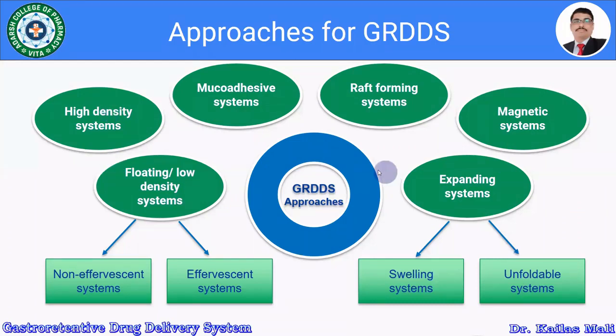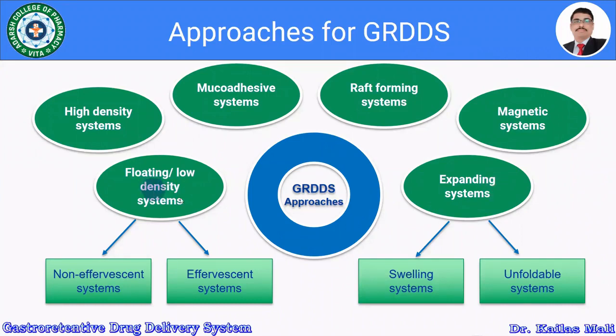Various approaches for the gastroretentive drug delivery systems are floating or low density systems, high density systems, mucoadhesive systems, raft forming systems, magnetic systems, and expanding systems.